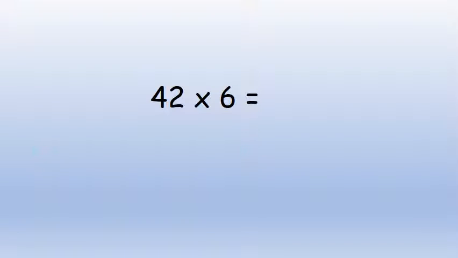All we're going to do is apply the same process that we've been learning. We're just going to use bigger numbers and the more difficult multipliers, the ones that we've been learning over the last couple of weeks. So let's have a look at how to multiply 42 by 6.